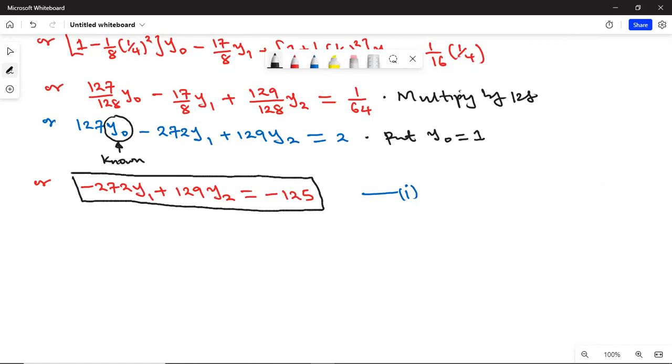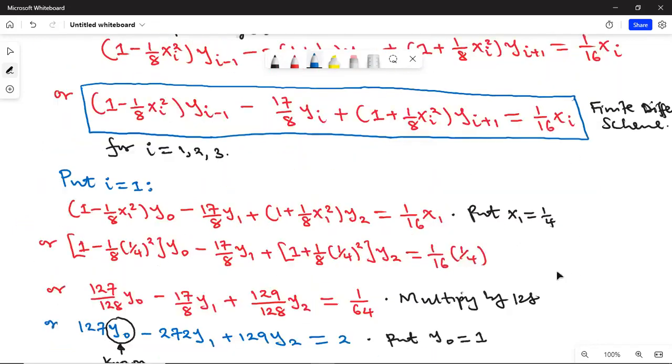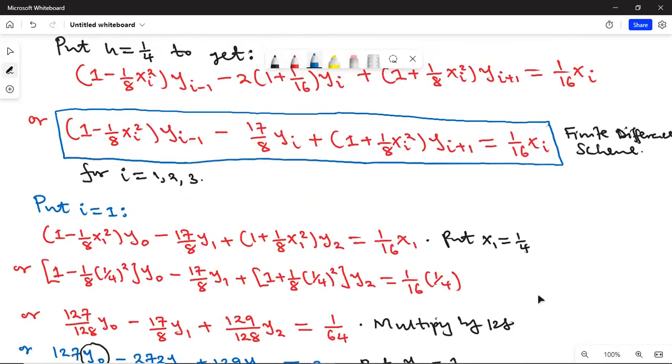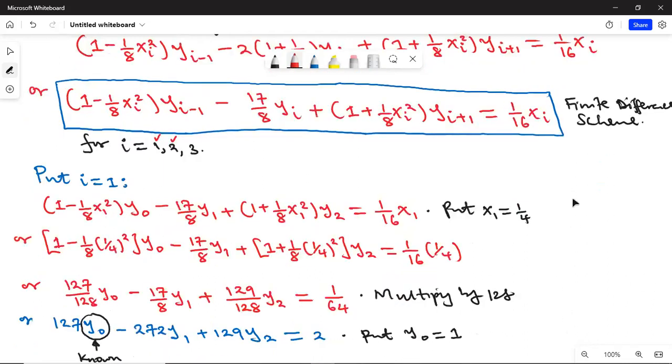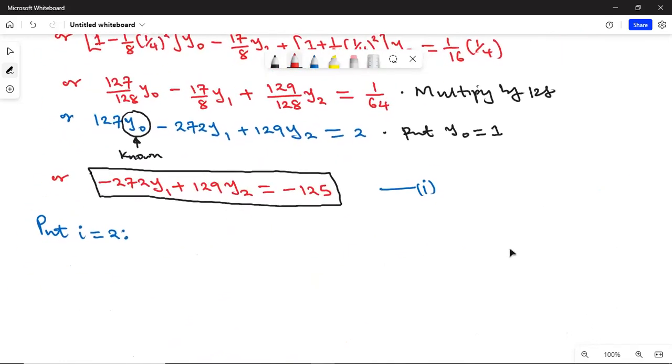The second iteration is when i is equal to 2. So next we put i equals 2. In the same finite difference scheme, look at the scheme. We are through with when i is equal to 1. Now we are back to when i is equal to 2. What are we going to get? It will give us, let me write it here.